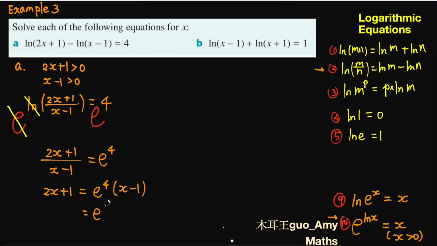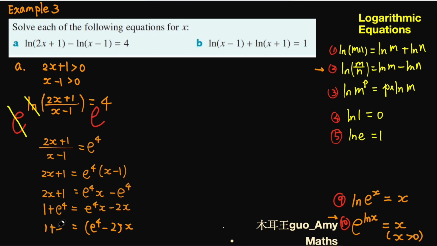Then expand the brackets, then collect like terms. Then both sides are divided by the coefficient of x. We will have the value of x. Then we can check. Obviously, this solution satisfies the restrictions of the argument.